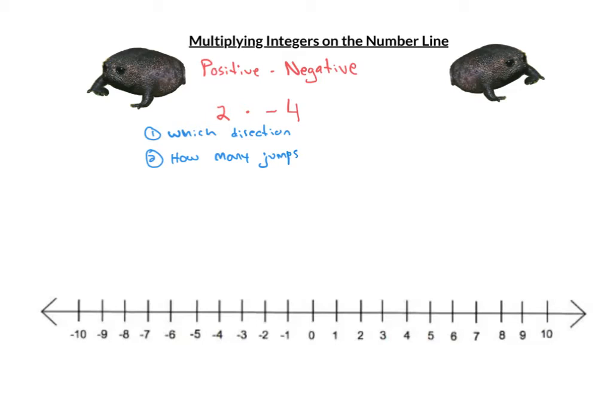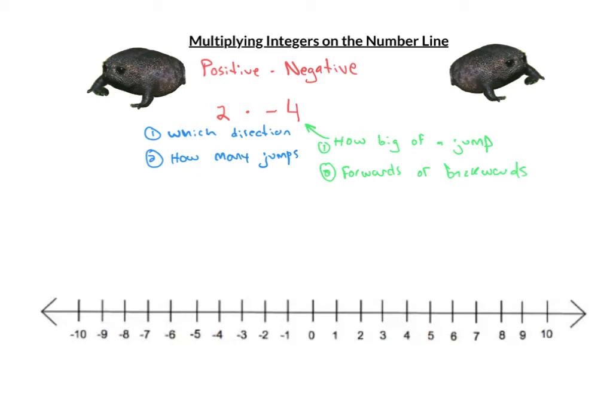And then my second term, so in this case that negative 4, is going to tell me how big my jumps are, how big of a jump, and also if I'm going forwards or backwards.